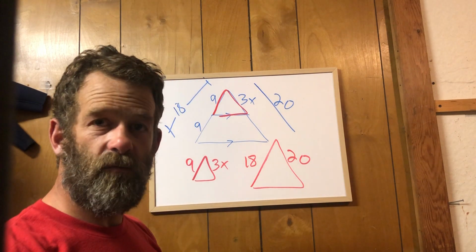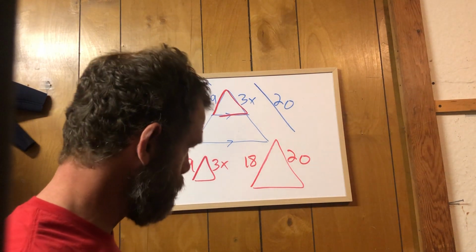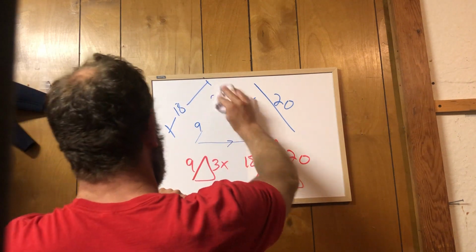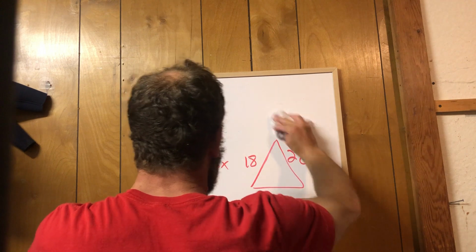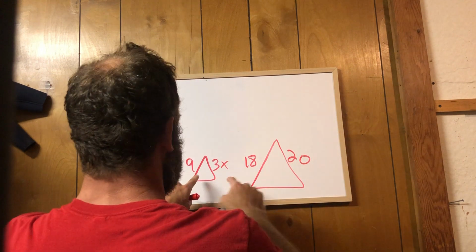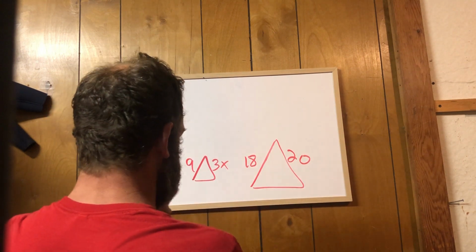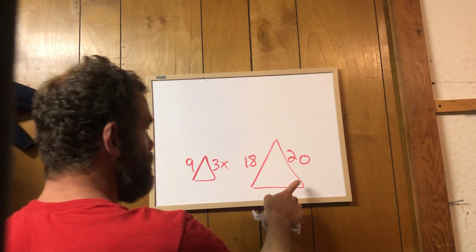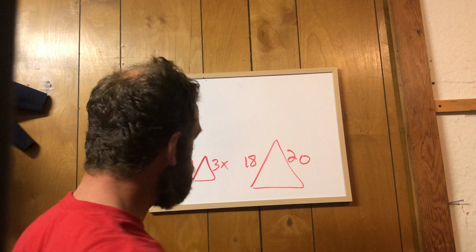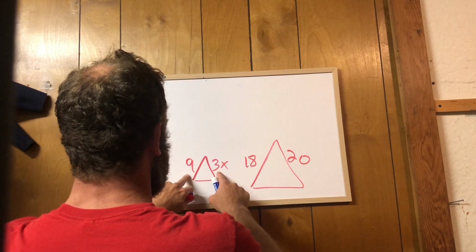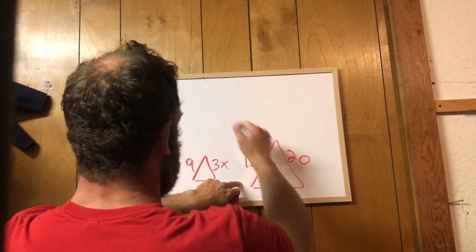Now, since I redrew them as two different triangles, I can set it up as a super, super simple proportion because these two angles are congruent to these two angles. So therefore, the triangles are similar, and you could say 9 over 3x equals 18 over 20.